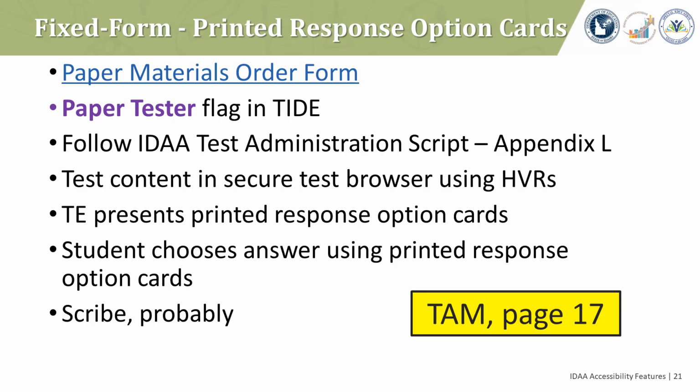The student will indicate their answer choice using the cards presented by the teacher. The teacher will probably serve as a scribe for the student taking this test form by clicking the student's answer choice in the secure test browser. I know these are a lot of steps, but don't worry. I explain this process in more detail in the Administering the Idaho Alternate Assessment training video.